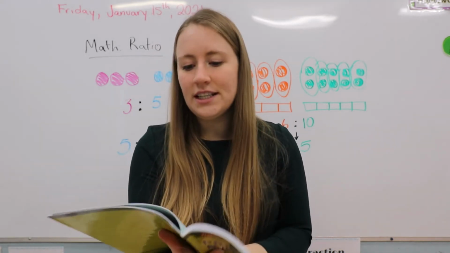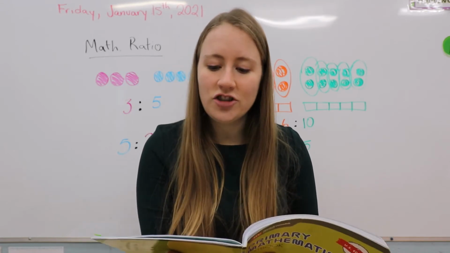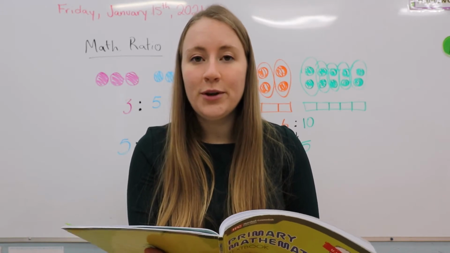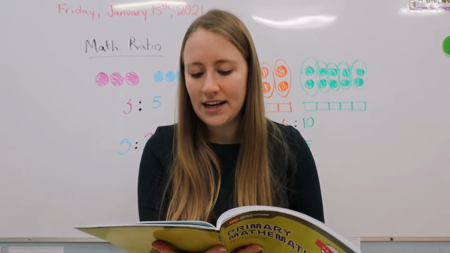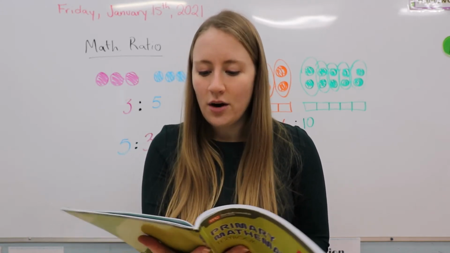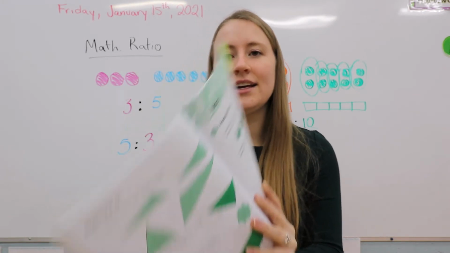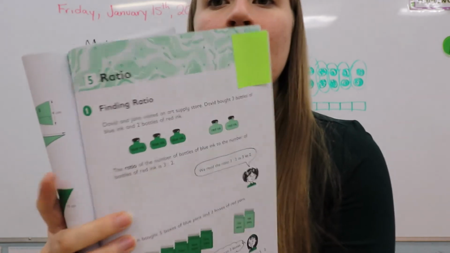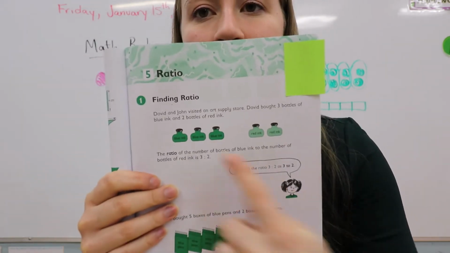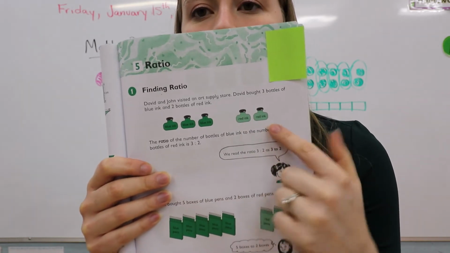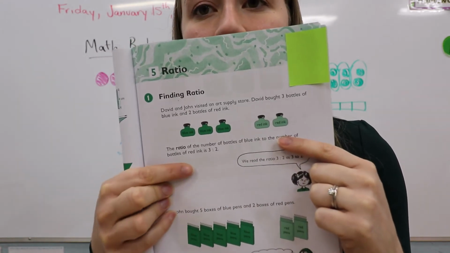Okay, so the first example says, David and John visited an art supply store. David bought 3 bottles of blue ink and 2 bottles of red ink. The ratio of the number of bottles of blue ink to the number of bottles of red ink is 3:2. Okay, and so you see that there? So 3 blue bottles to 2 red bottles, so our ratio is 3:2.